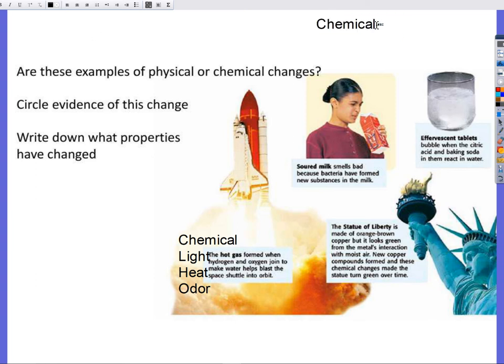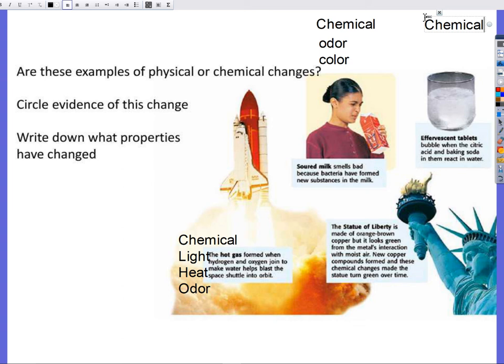And some evidence of a chemical change would be that it has a bad smell, so an odor. It might even have a color change if it's been sitting for a really long time. And the tablets on the right side, once those tablets have fizzed, you can't easily reverse that to what the chemicals were before.